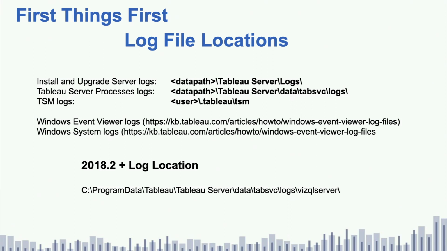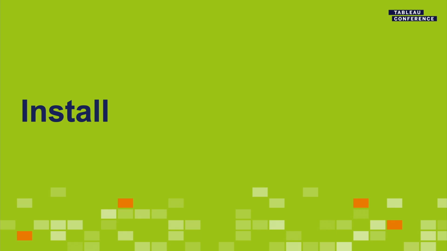Tableau has a lot of different processes, and each process has a different log location. The new one is the TSM log, since 2018.2, or if you're using Linux, and it also plays an important role. Then you also have the system logs, which are the Windows event logs. All of these come into the picture when you're backtracking to resolve any kind of issue.